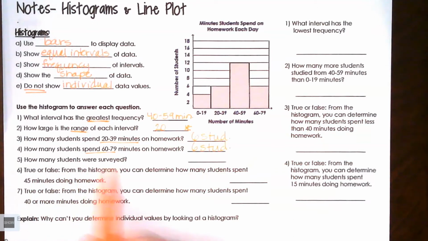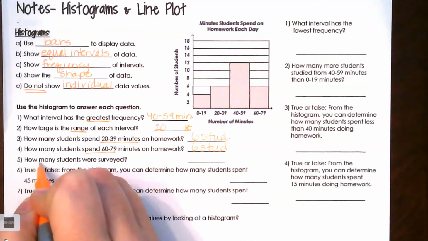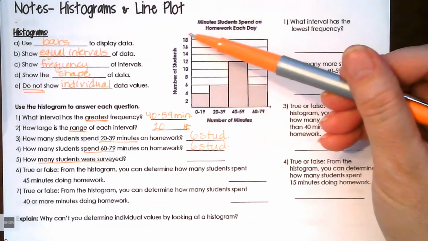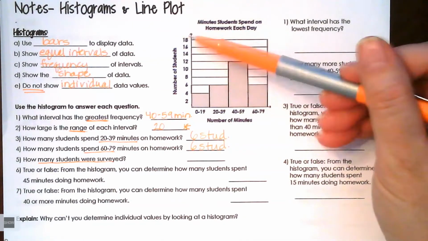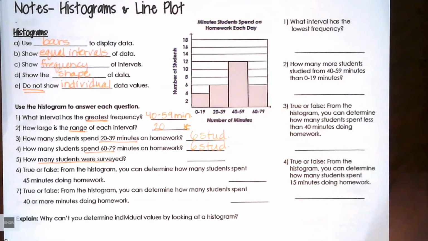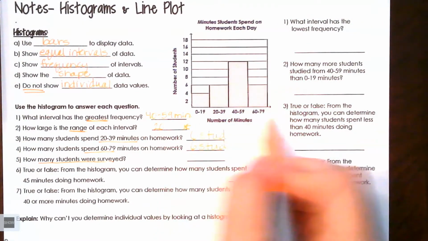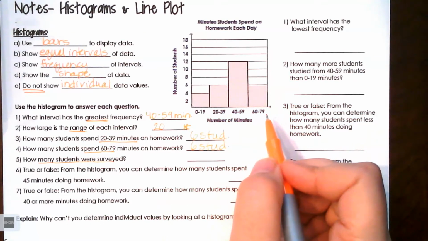How many students were surveyed? Well, you can't just look at this and say, well, it was 18 or 16 or 14. This is just showing you a scale for the graph. We need to look at the individual pieces of our data, individual intervals of our data to determine the total number of students.